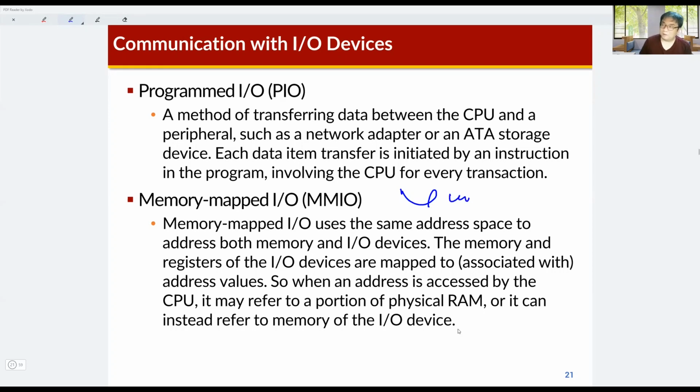So let's think about how load and store instructions are executed inside of the CPU. If a load instruction is executed, the execution of this load instruction is controlled entirely by hardware.